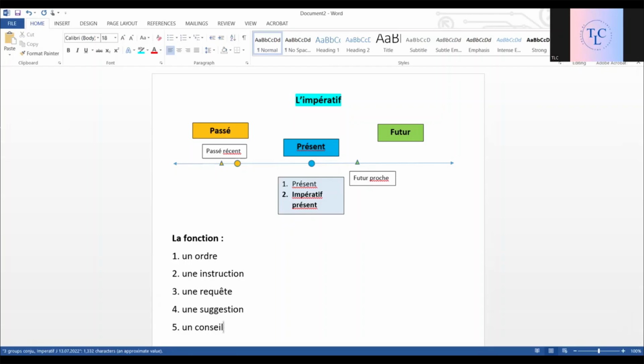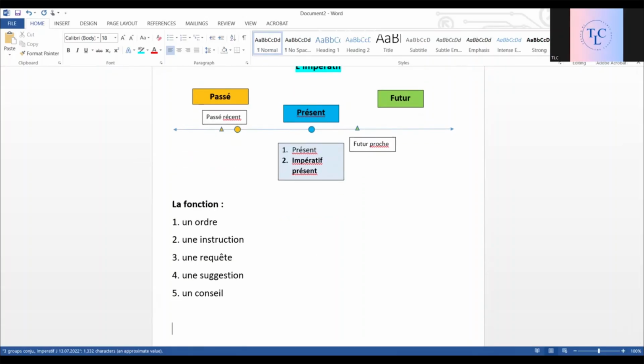You have used this in English as well, like come here, turn left, cut all the vegetables, stay silent, respect the rules, eat well. You see, what is common in all these?